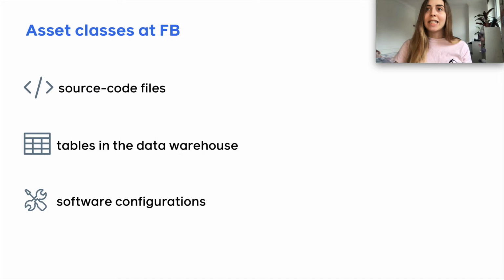The term asset refers to any sort of entity that is part of a system in a company. Examples of assets could be source code files, or tables in a data warehouse, such as Hive tables, or it could even be software configurations.